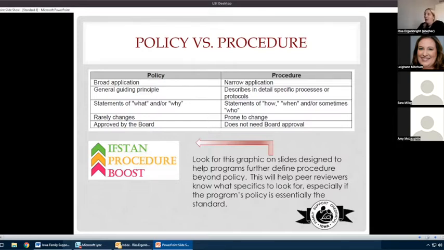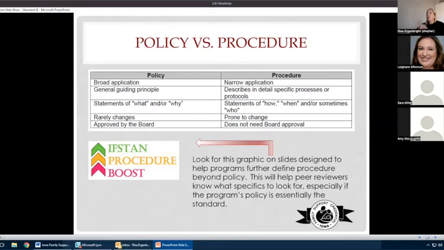They're prone to change more often. If you do have that board approval part of the process, then it doesn't necessarily need board approval. These are, like I said, just little tweaks on how you do things. And that's why they might change more often, or as funding changes, as curriculum changes. Whatever those changes might be, they could spur that change that needs to be made.